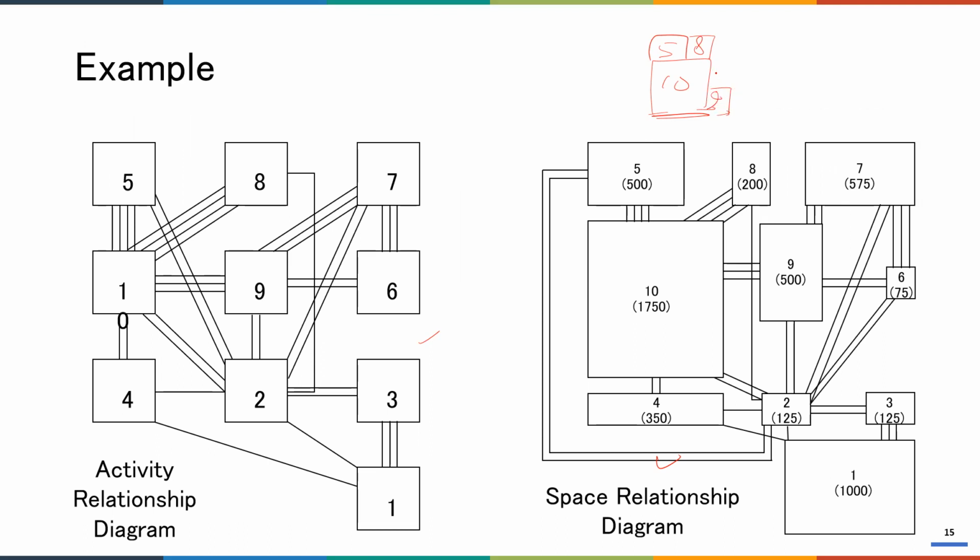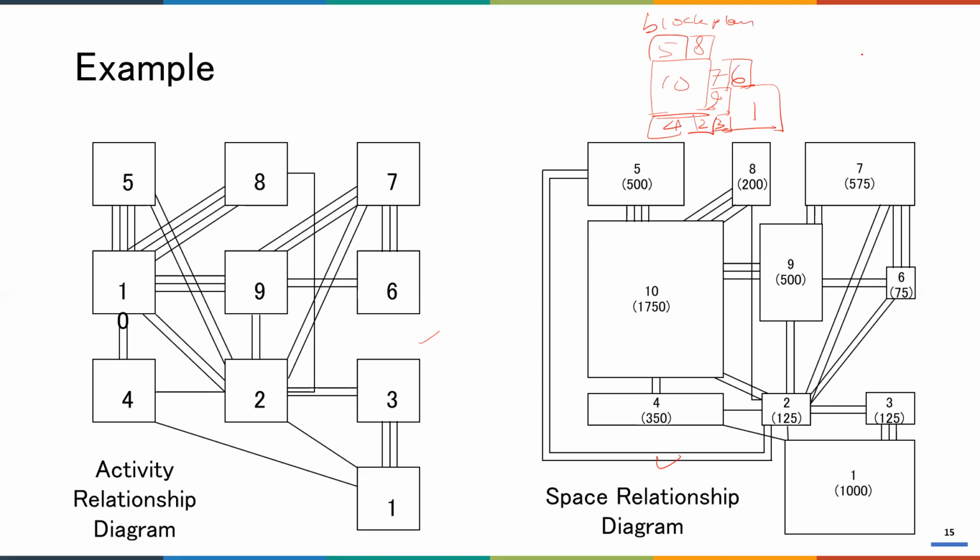And then department 7 should be close with 9, and then 6 should be close with 7. And then maybe 4 is here, 2 is here, 3 is here. Then you can put 1 here. So this is one of the block plans.